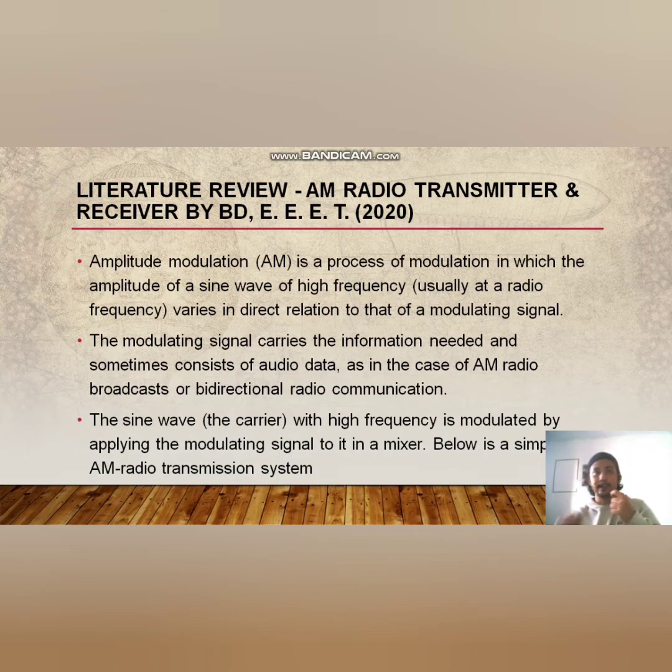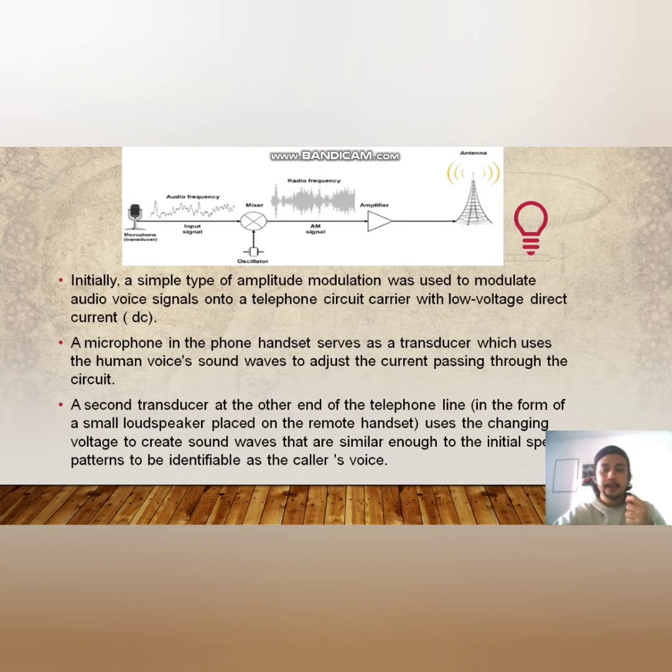Next we go to the diagram of the AM flow. Initially, a simple type of amplitude modulation was used to modulate audio voice signal onto a telephone circuit that carries a low voltage direct current.